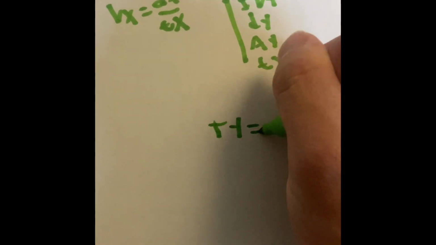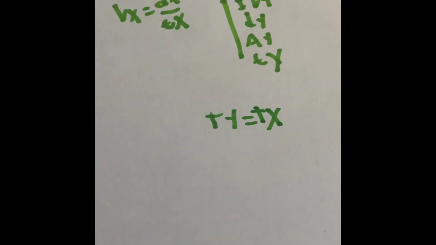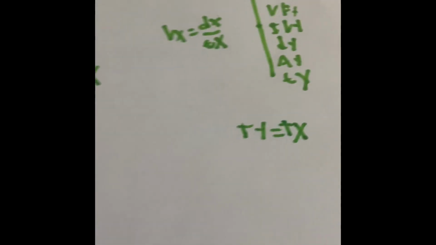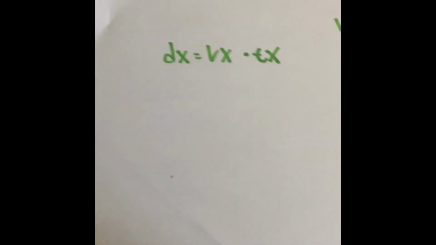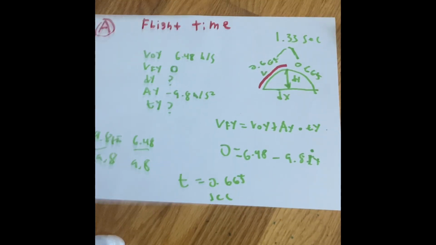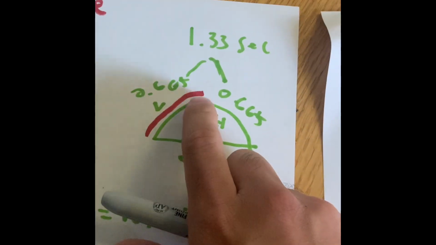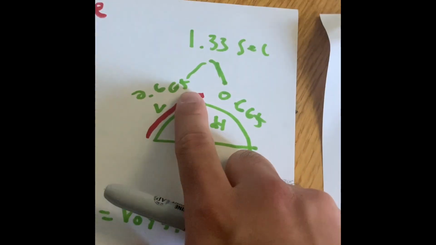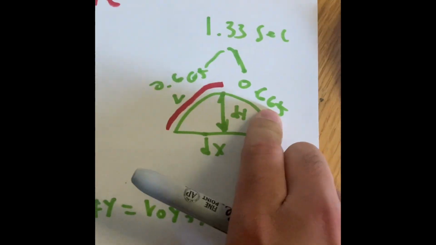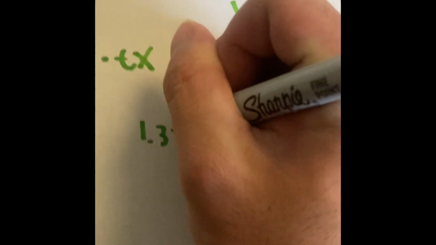Just so you know, your ty and your tx are the same because you're using the same time in seconds in the same experiment. From the A section, the question for flight time, we realized that from here to the top is 0.665, and from here to the bottom is another 0.665. So our time is going to be 1.33.